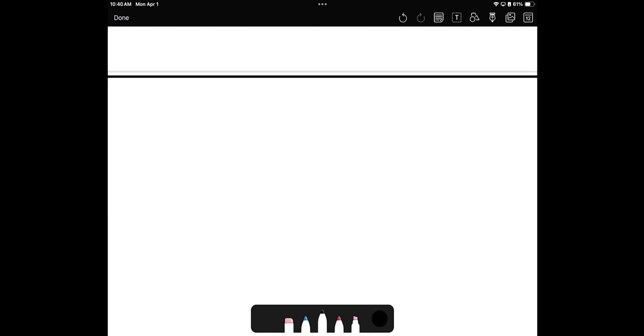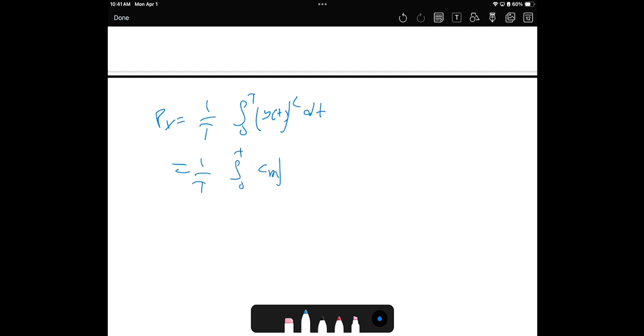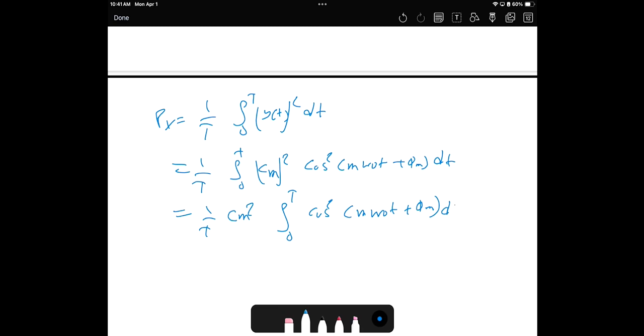The power of signal y is very similar to signal x in concept, which is 1 over T, the integral from 0 to T, y of t squared dt, which is 1 over T, the integral from 0 to T, the magnitude of Cm squared, cosine squared of m omega naught t plus phi m dt. Putting Cm outside of the integral, it will be 1 over T, Cm squared, the integral from 0 to T of cosine squared of m omega naught t plus phi m dt.